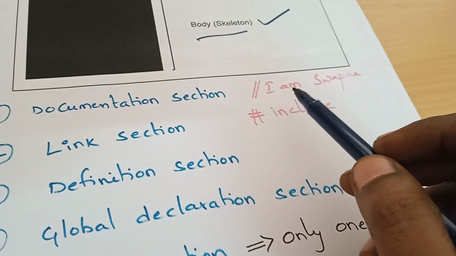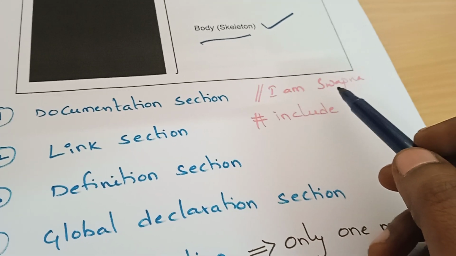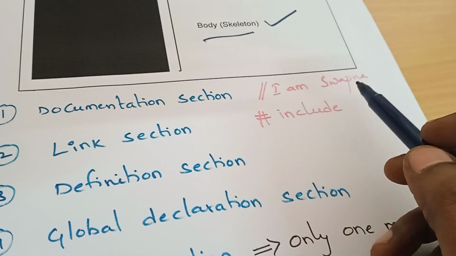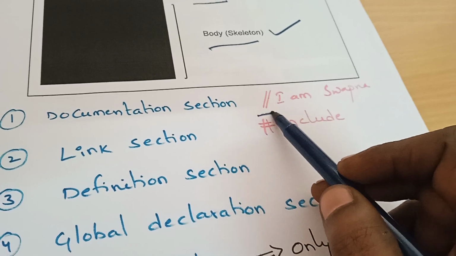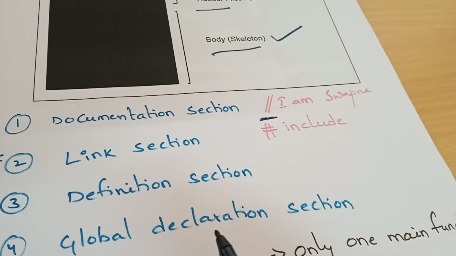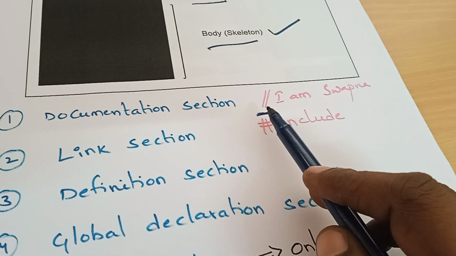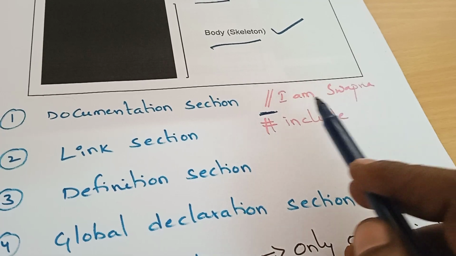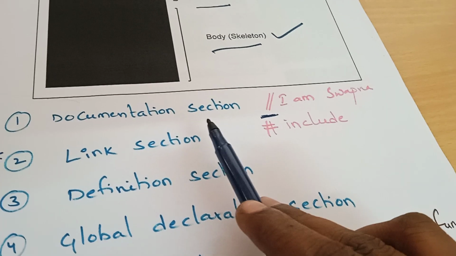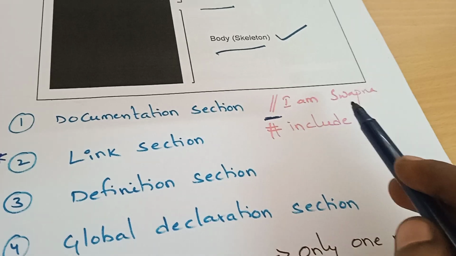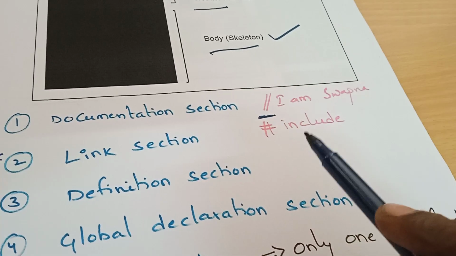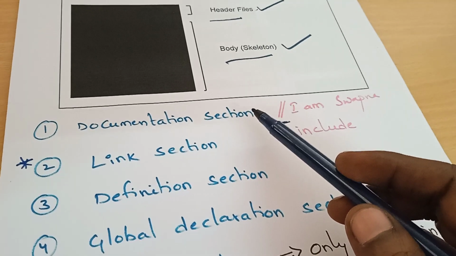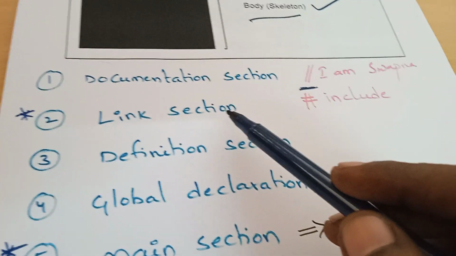Like this, you can put a document, a paragraph, or a question which is not executable. We call this a comment line, and this is the comment symbol to write a single line comment. So the documentation section means we write a document to understand the purpose of this program, and this is optional.